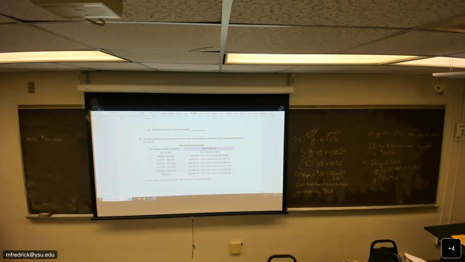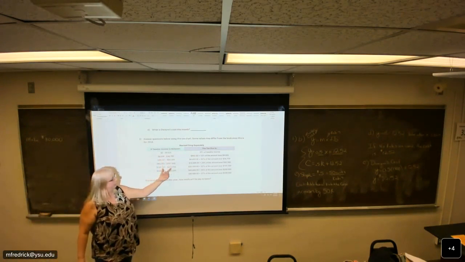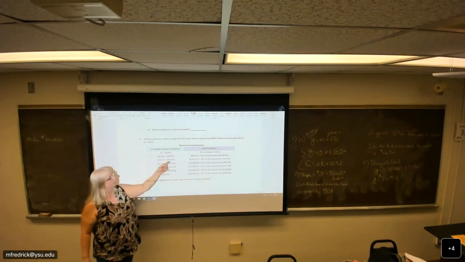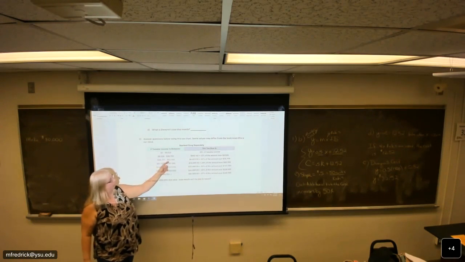First thing you want to do is decide which tax bracket he's in. So he has 80,000. Look at the first column and see where 80,000 fits in. Third one, the 22%, because 80,000 is between these two values.